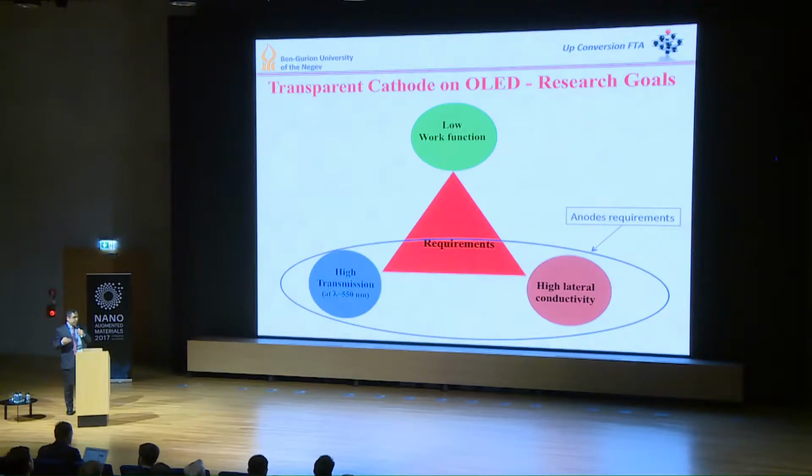When we are talking about electrode, transparent electrode, we have to distinguish between anode and cathode. In anode, we have to put the emphasis on high lateral conductivity, namely the very low sheet resistance, and high transmittance of light. In our case, it's at 550 nanometer.